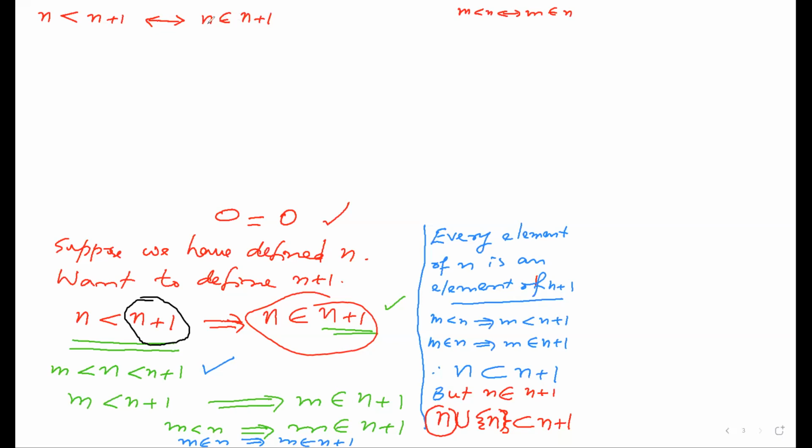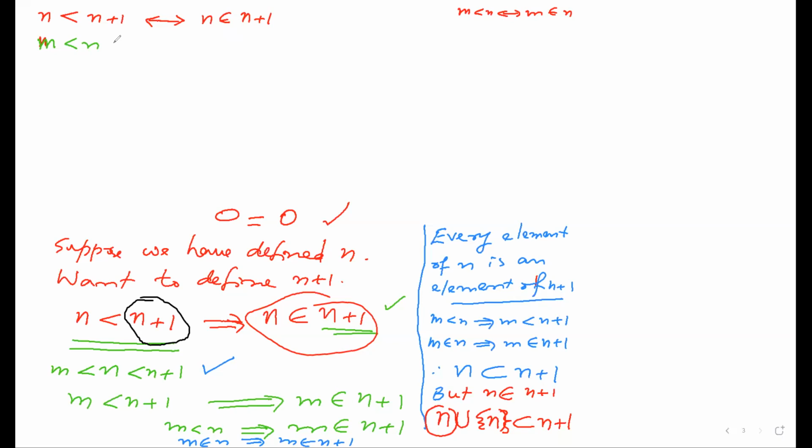So what we are trying to do here is construct sets that have the property of the natural numbers. Okay? So with that, we are saying, but then any integer less than n, what about it?